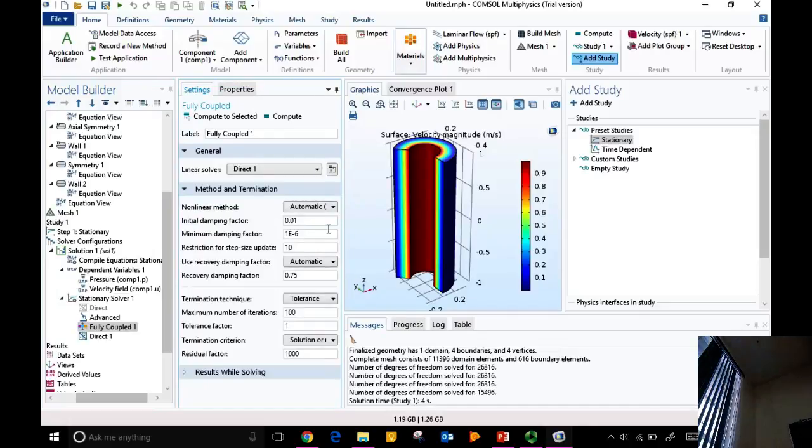Initial damping factor, minimum damping factor, 10 to the minus 6. Restriction, maximum number of iterations, you can increase that. Terminating technique, tolerance, that's what we have. But where does it specify what the tolerance value is? Iterations or tolerance. Number of iterations, maybe make it 1000. Tolerance factor.